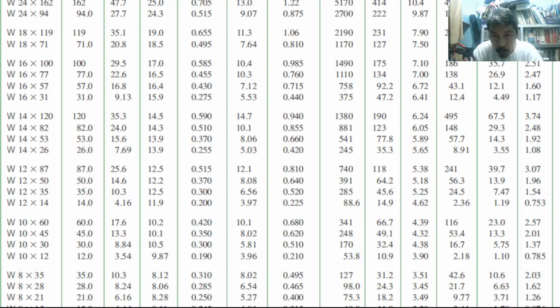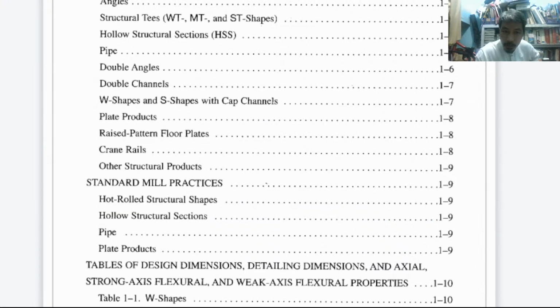There, W10 by 30 and W10 by 12. So you can use interpolation between these for W10 by 22. Interpolate 30 and 12. Or you can use a better table which has W10 by 22.